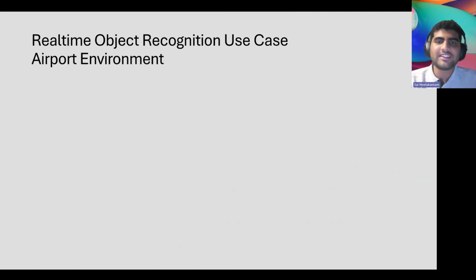So for this use case, we are considering an airport environment where there will be a lot of people and objects, and that makes a brilliant use case for real-time object recognition.